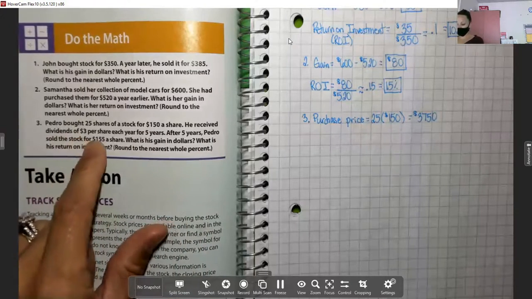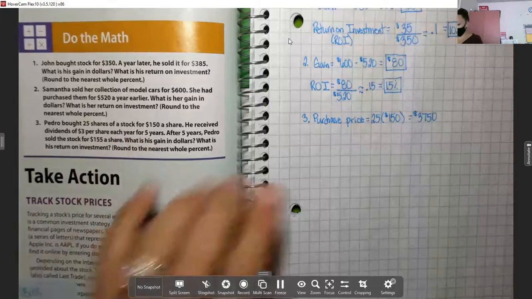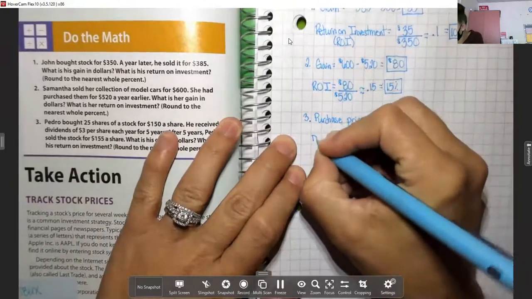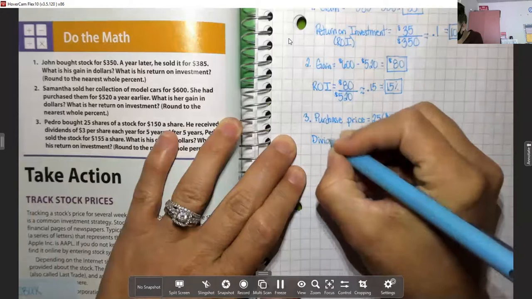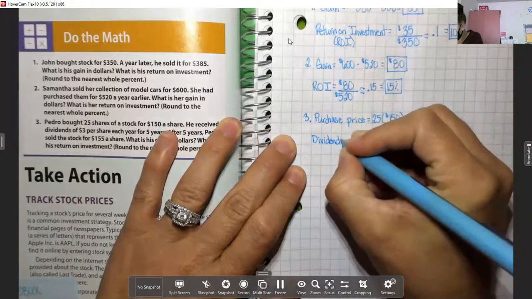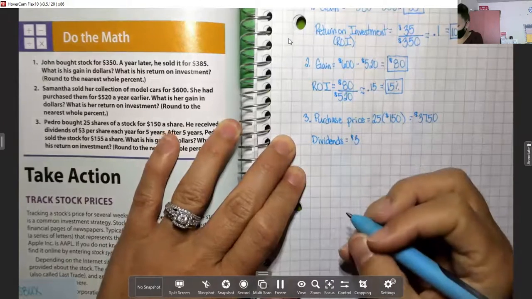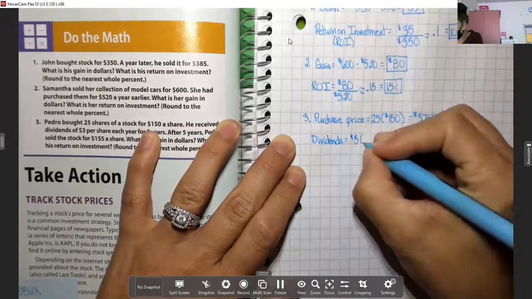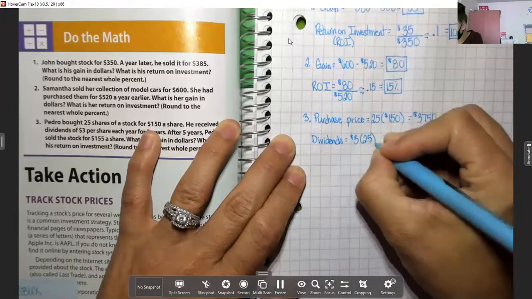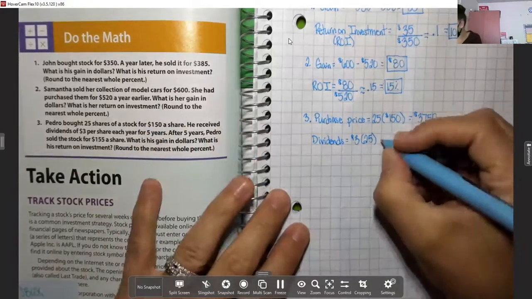Dividends of $3 per share each year for 5 years. So we got $3 per share. Well, he had 25 shares each year for 5 years.